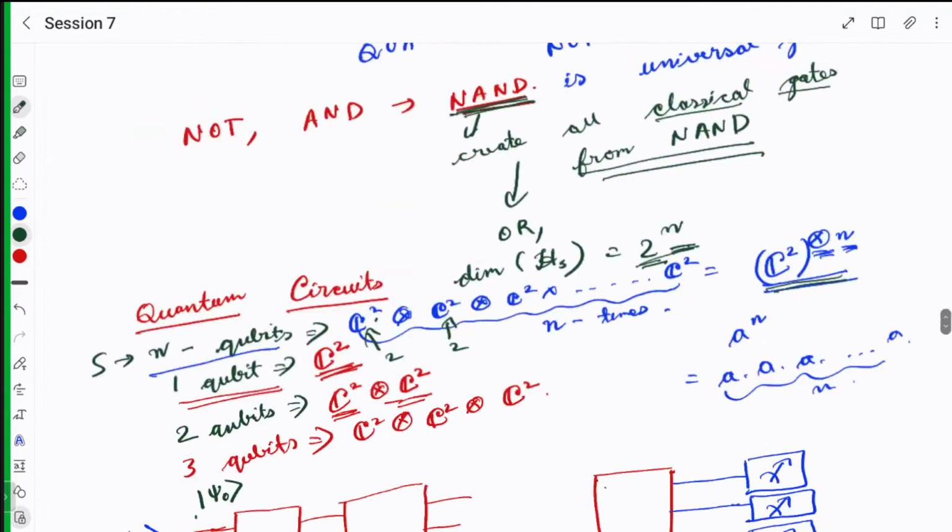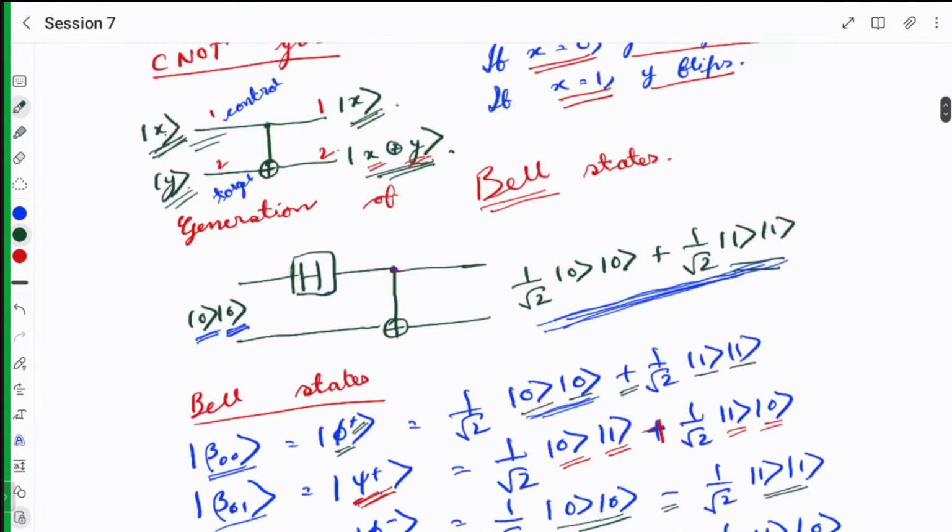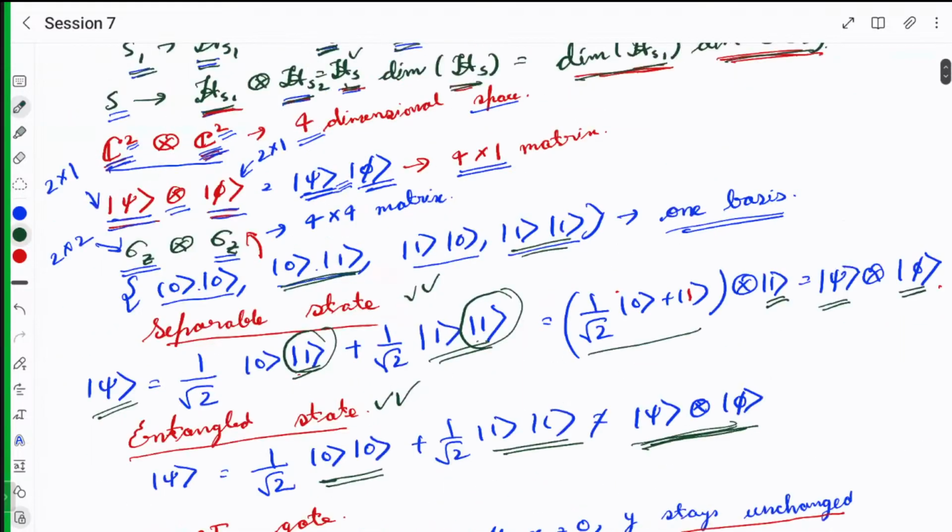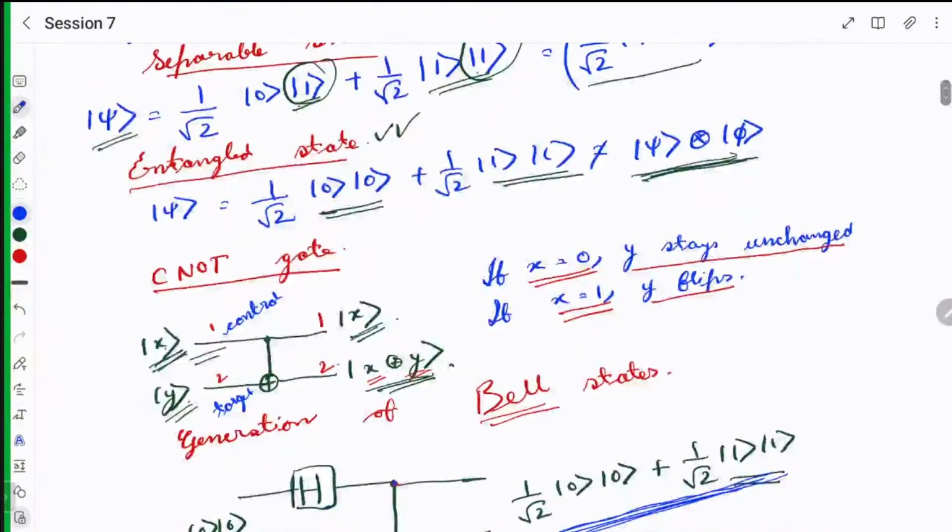Remember, last time we learned about composite systems. If the first qubit was in state psi and the second qubit was in state phi, we just wrote ket psi tensor ket phi.